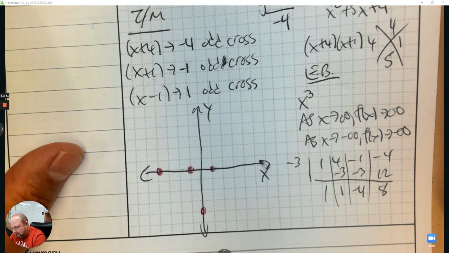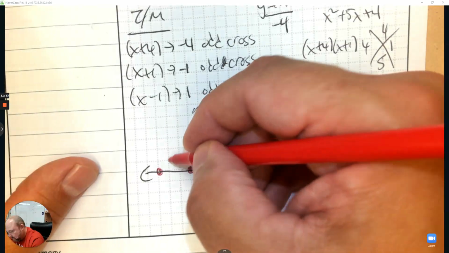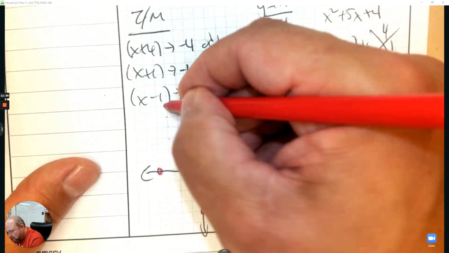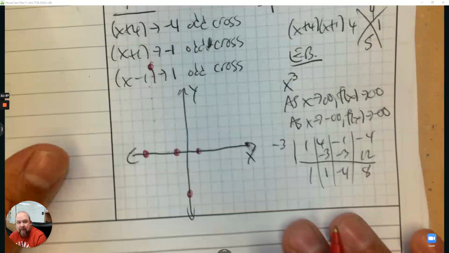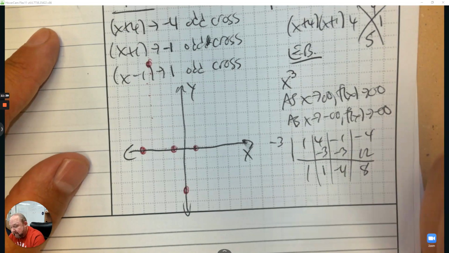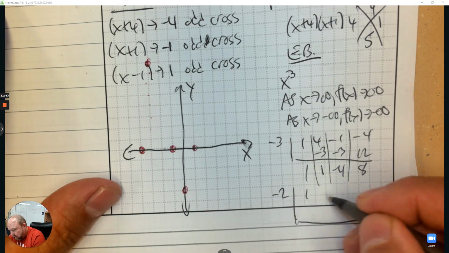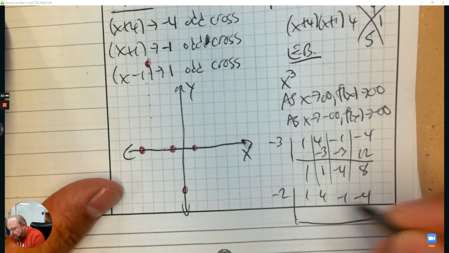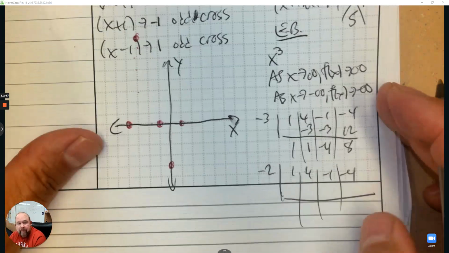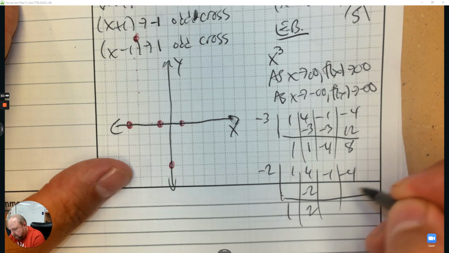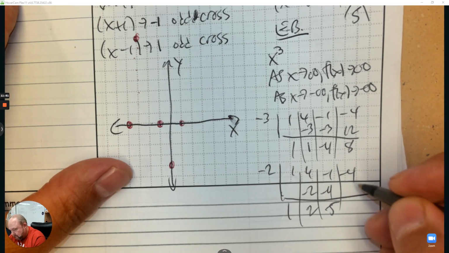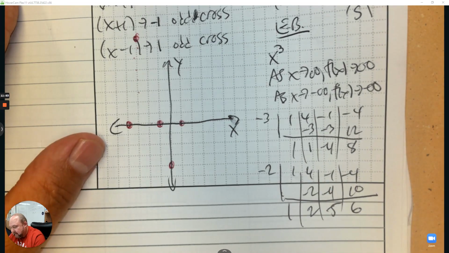So I get 8. It's okay, a little bit up into my work. -2, let's see what that gives me. It's going to be lower. But let's see what that is. That's 1, 4, -1, -4. I get 6.